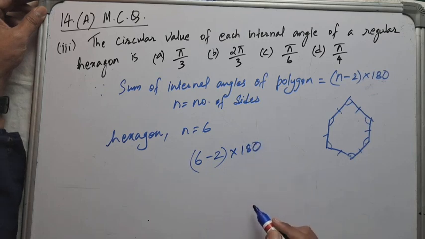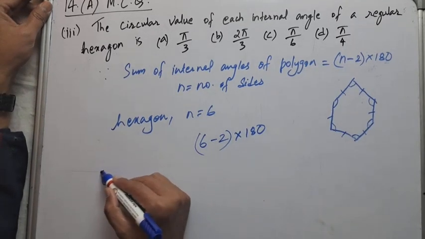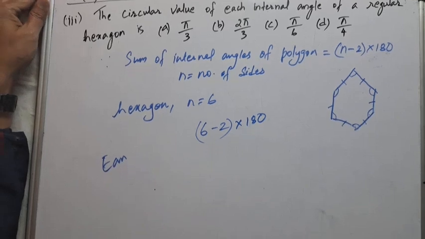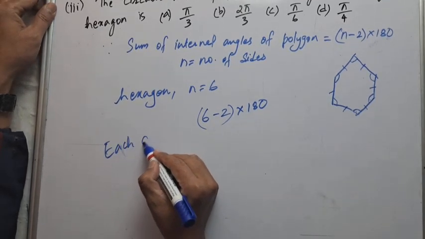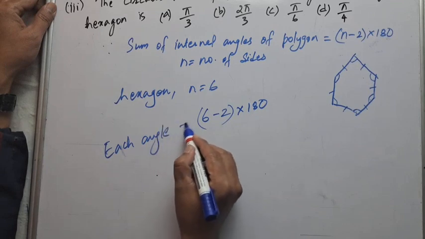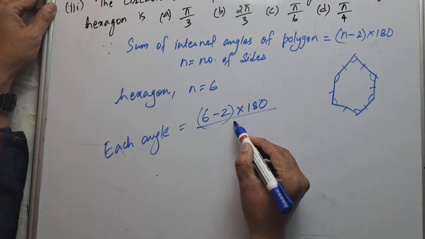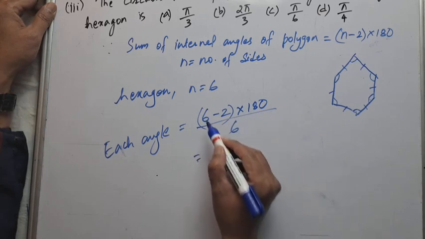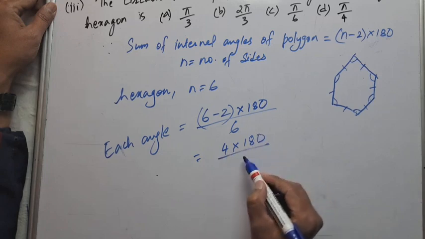This is the sum of all the internal angles of a hexagon, isn't it? Now the measurement of each angle: 6 angles is this much, so each angle will be divided by 6, isn't it? So 6 minus 2 is 4 into 180 divided by 6.